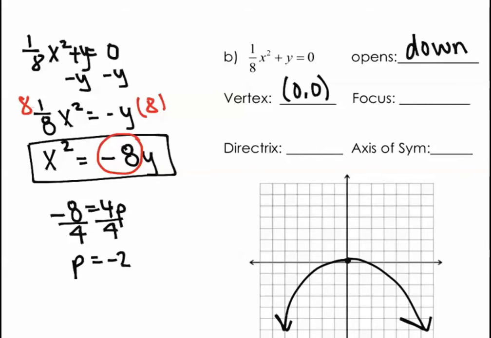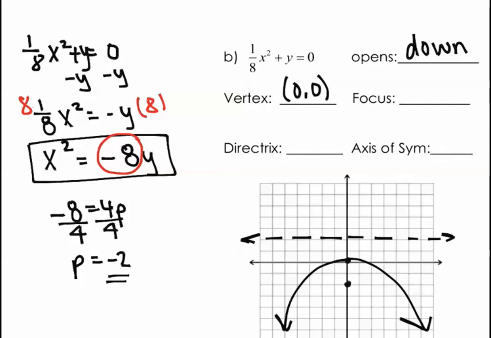P represents the distance from the vertex to your focus. Your focus is always lying inside the mouth of the parabola, so we're going to go straight down 2 because of that 2 value, and it's inside the parabola. And then we'll go up 2 because my directrix has to be the opposite direction. Remember, your directrix is never going to touch or cross your parabola. It's always in its own little space there.